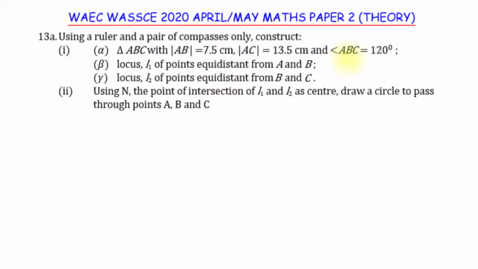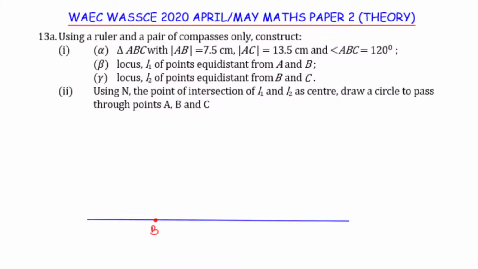So here that we are told that ABC is 120 degrees, that means it is at point B that 120 degrees is going to reflect. So if we have a straight line like this, we can say we want to locate point B. So this will be point B, and it is on point B that we can mark off 120 degrees.